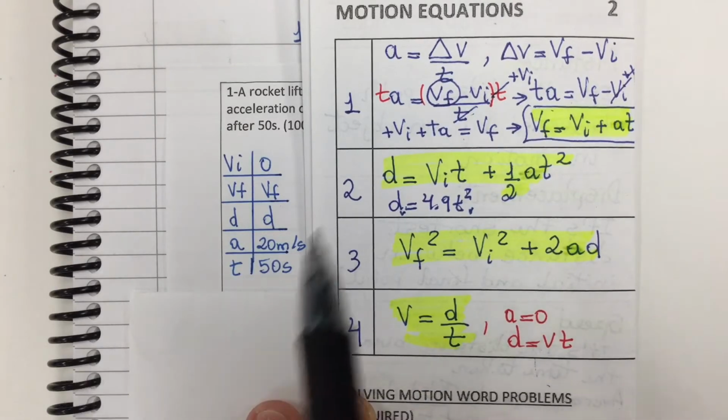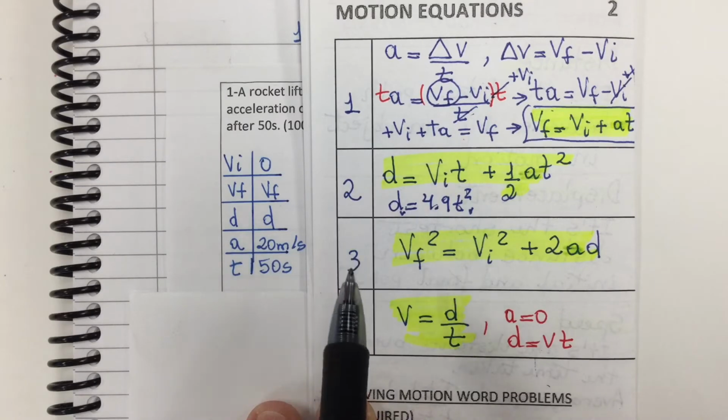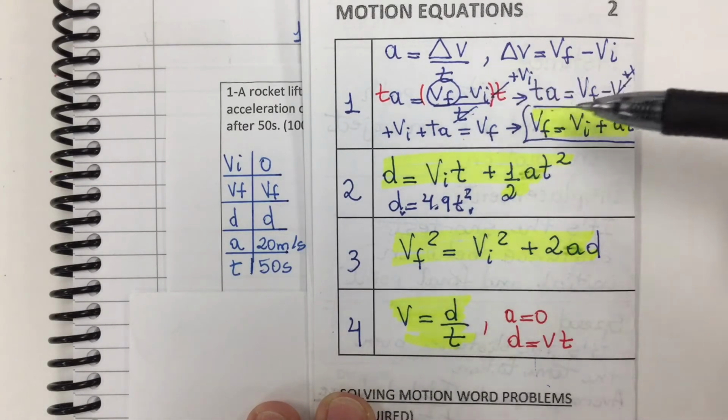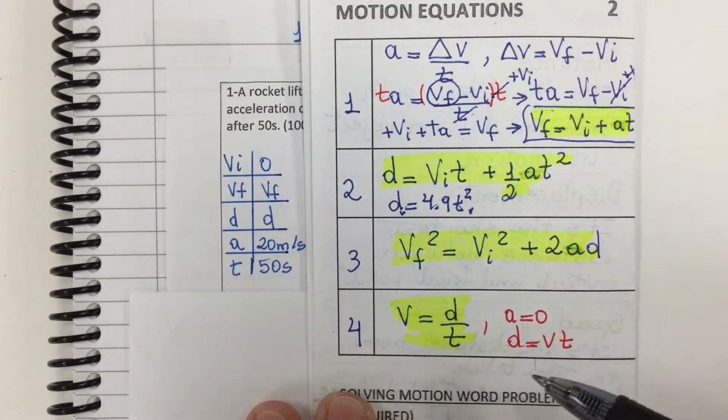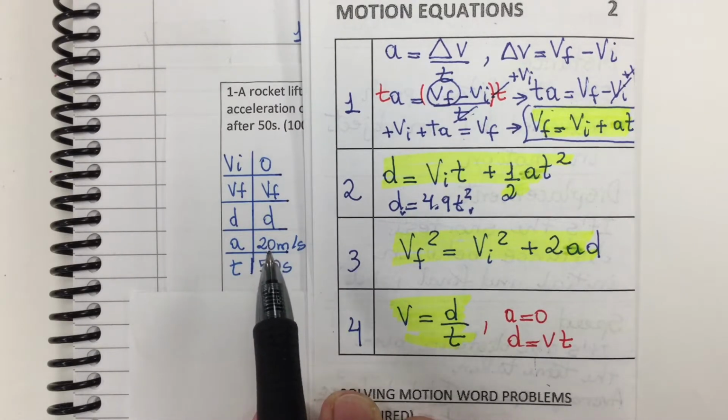Well, distance was not provided, so I cannot use equations 2 and 3. So by elimination, I just have equation number 1 and equation number 4. But I can use equation number 4 only when the acceleration is 0. In this case, acceleration is not 0.